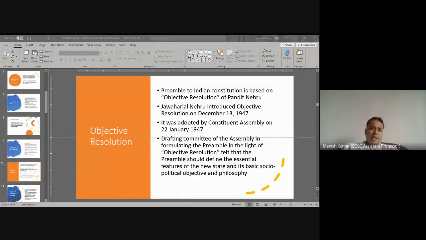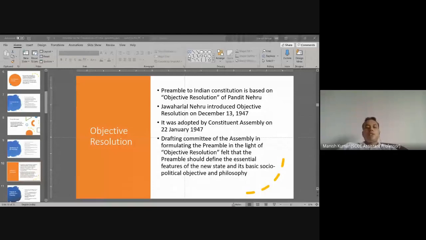In other respects, the committee tried to embody the preamble in the spirit of democracy, justice, equality, fraternity, and liberty, which were thus upheld as the core values of the Indian Constitution.